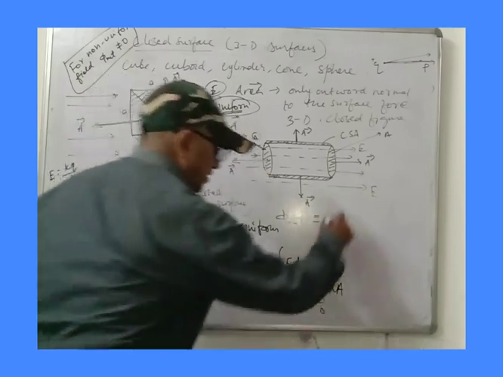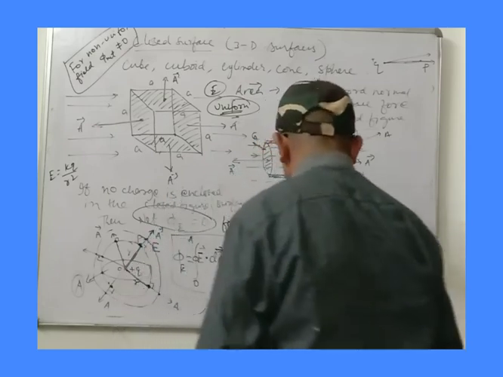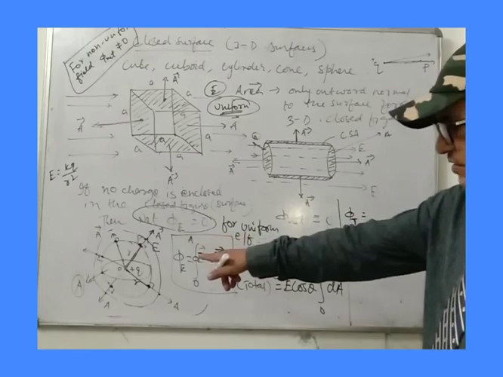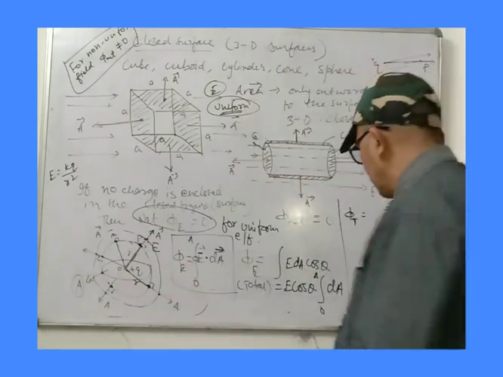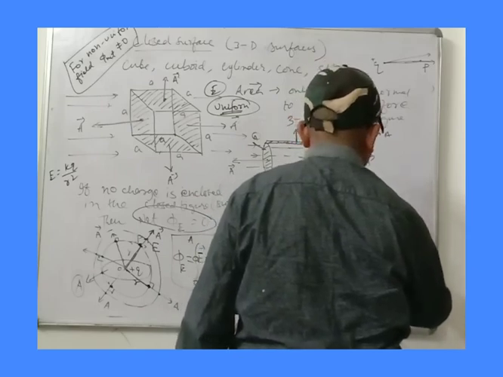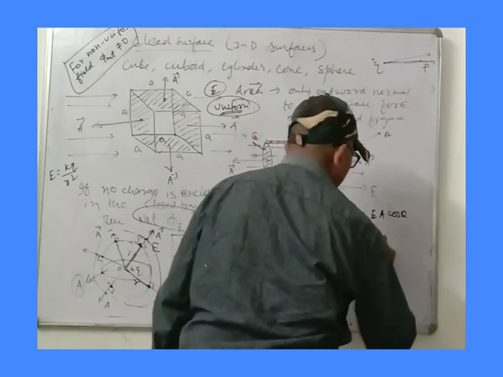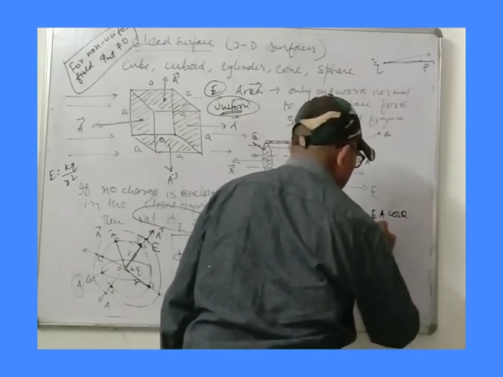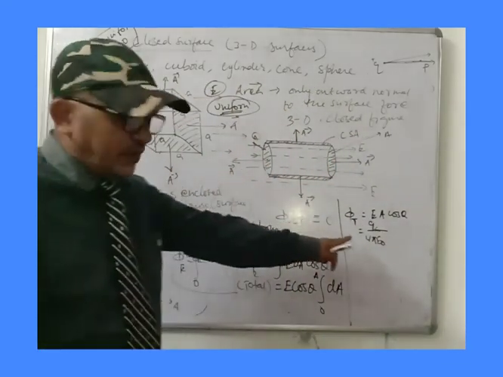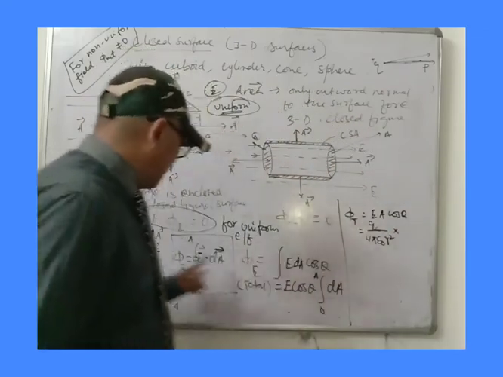So what is the area then? Let us write here. Phi total equals E cos theta times integral of dA. Total area of dA is A, or you can write 4 pi r square. So EA cos theta. Now what is E? E is equal to 1 by 4 pi epsilon naught, Q by r square, into what is area of the sphere?